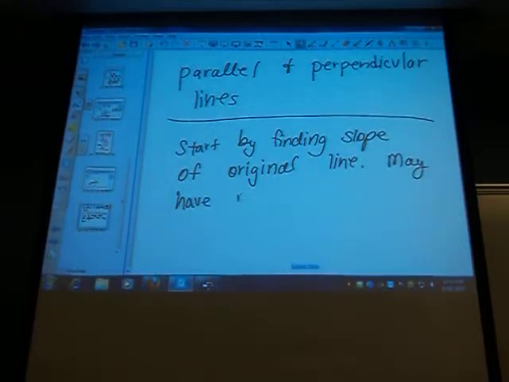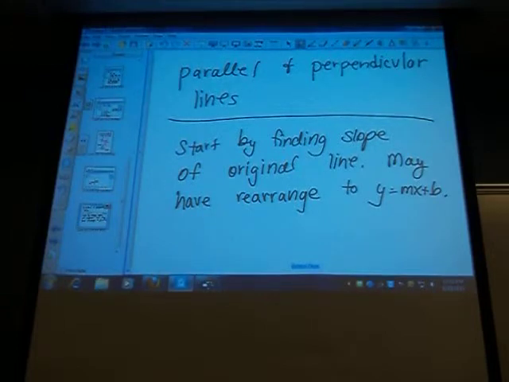You may have to rearrange the original line to y equals mx plus b, because the only way you can see the slope is if you can see what m is.